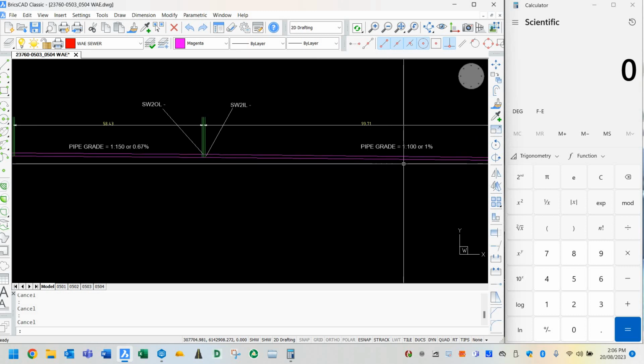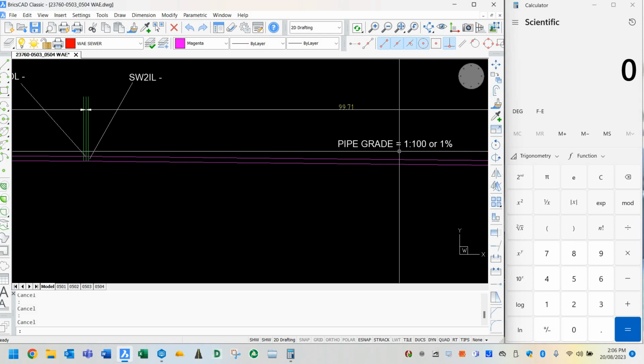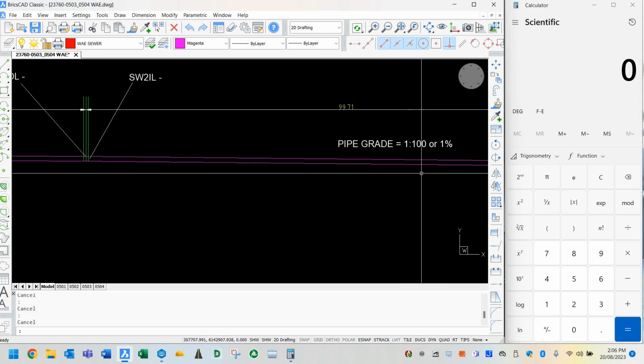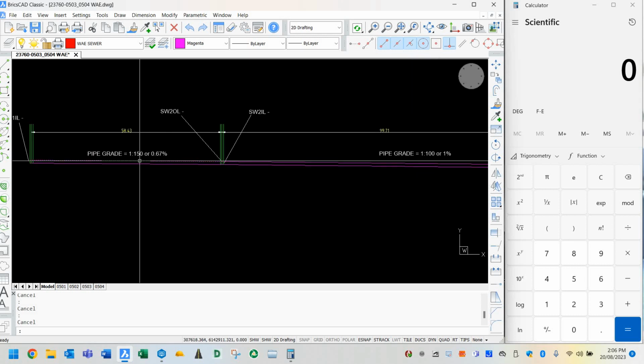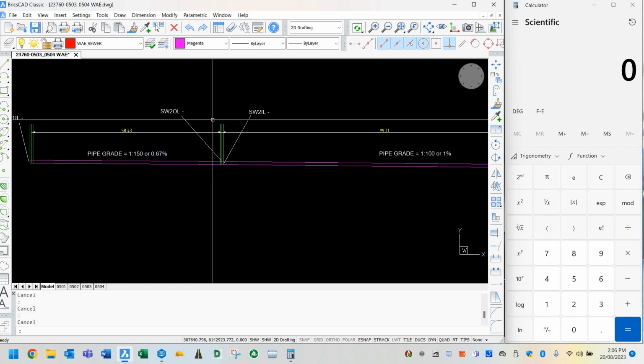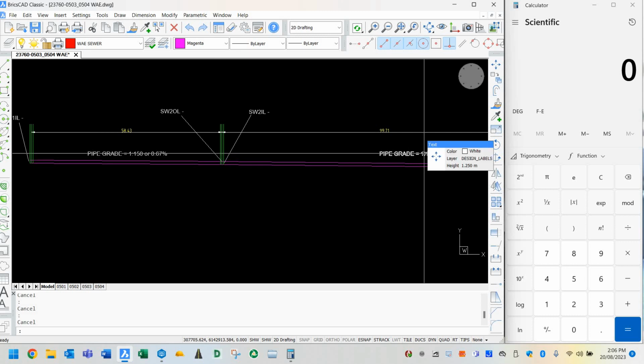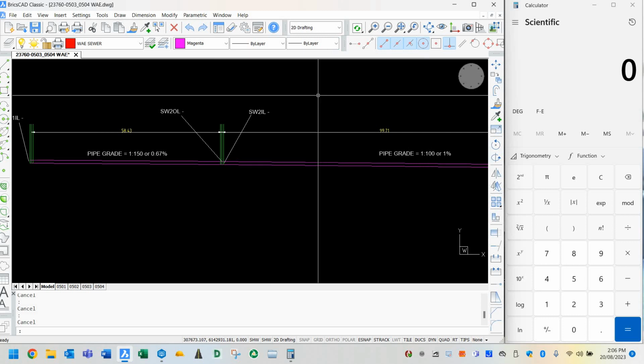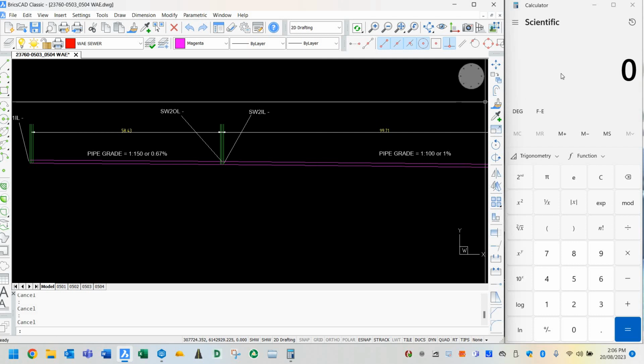In the question, it had 1 in 100 as a ratio, which converts to 1%, and 1 in 150, which converts to 0.67%. I'd get in the habit of automatically converting to percentages, because your calculator's going to spit grades out as a percentage anyway. So to keep everything consistent, I'd do it as a percentage, but we'll leave that up to you to decide.